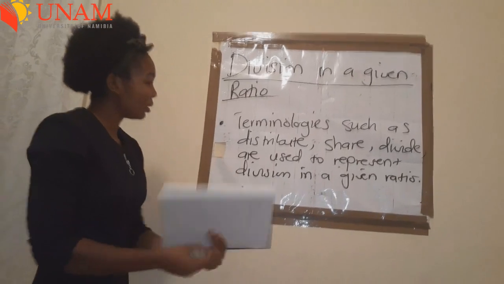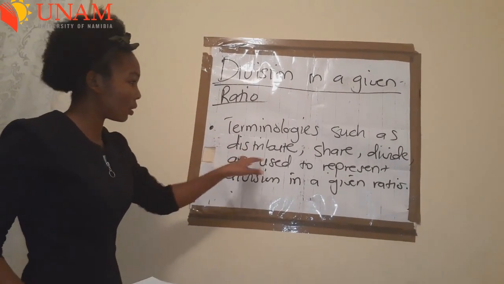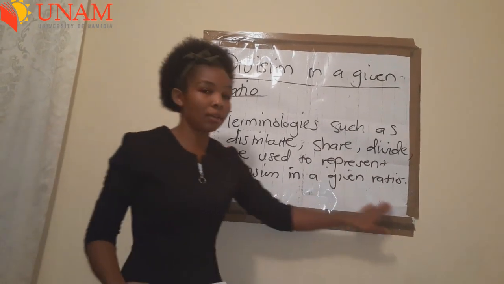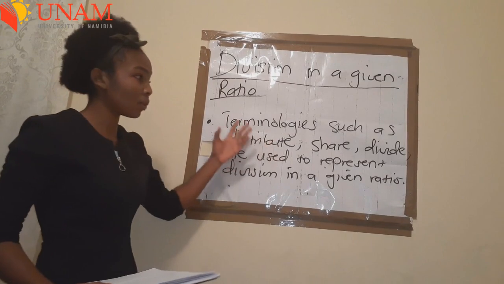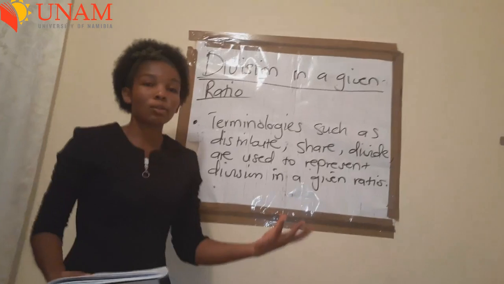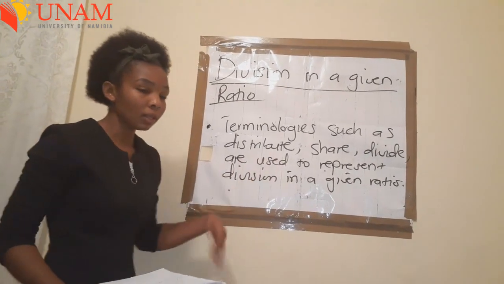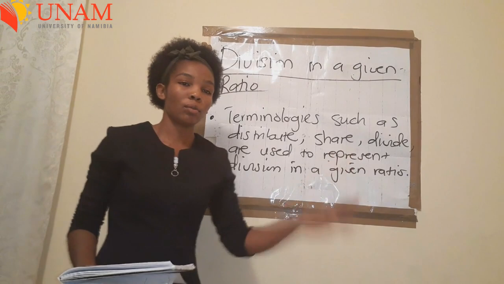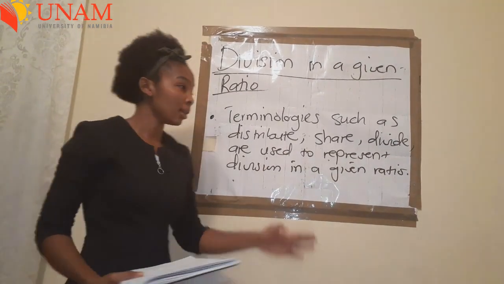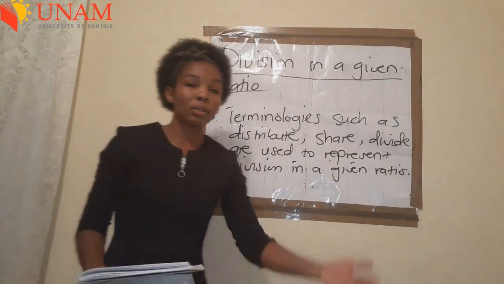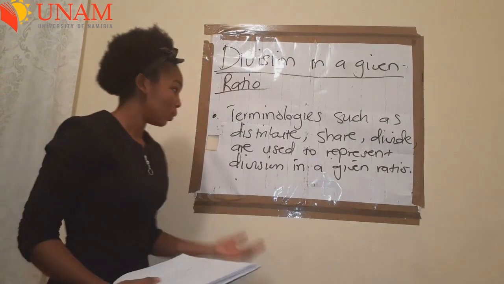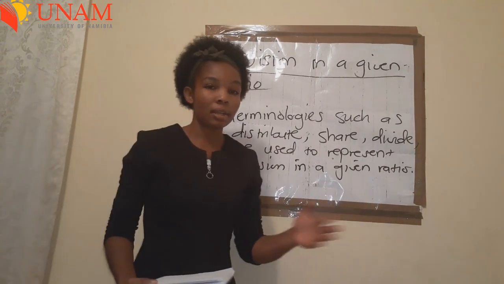So when you find a question asking you to distribute or to share or to divide, they all mean division in a given ratio. You don't just expect one terminology to be used. Sometimes the examiner can say distribute $200 in the ratio 1 to 2, or share $200 in the ratio 1 to 2, or divide $200 in the ratio 1 to 2. They all refer to division in a given ratio.